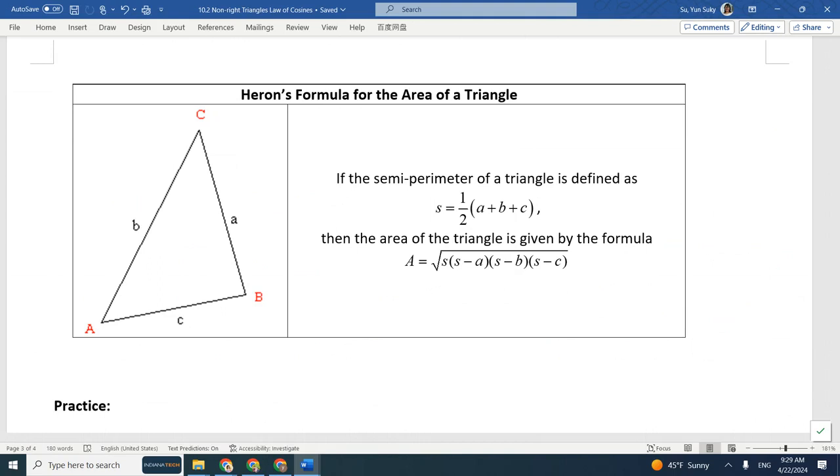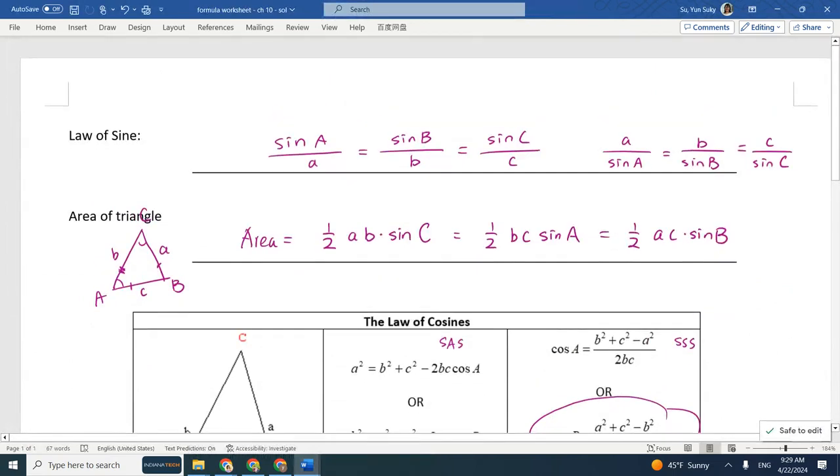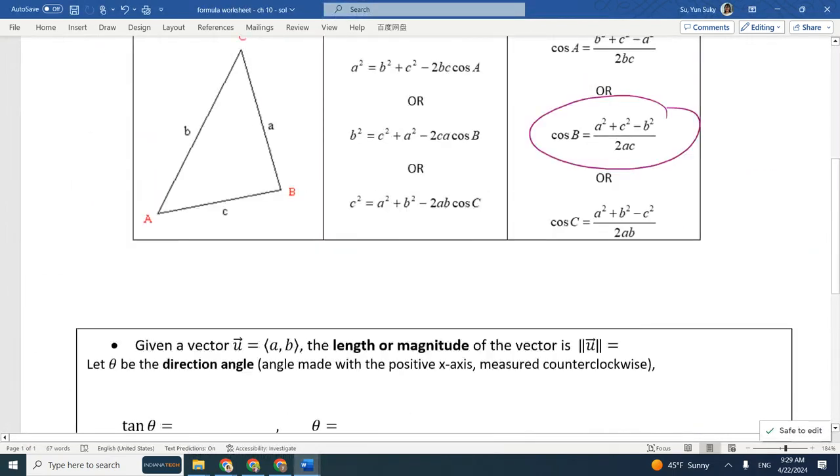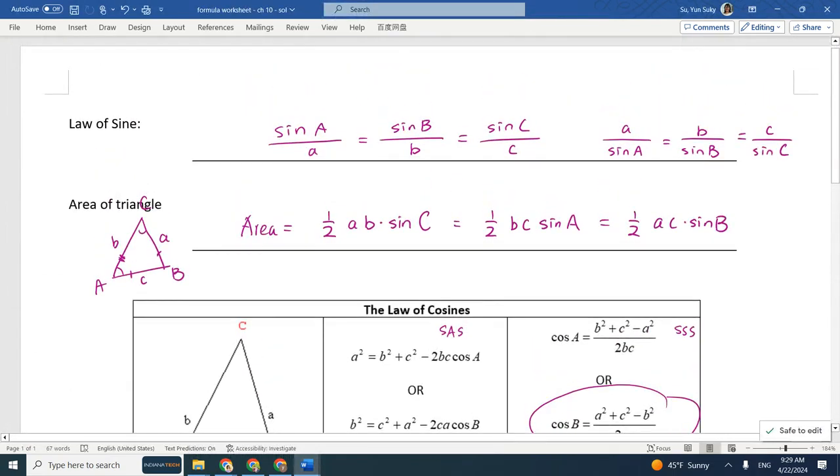side. But in the exam, you might notice that I didn't give you this formula in the notes. That is because after you solve the whole triangle, you know all 3 sides and you know all 3 angles. So you can just use the old formula.